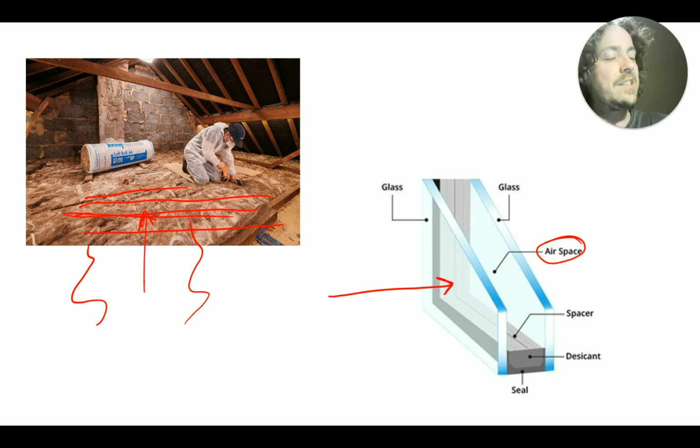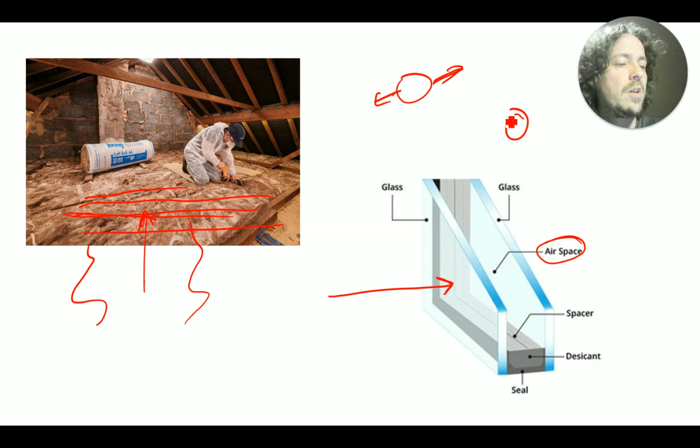And the air space, if you remember, we said air is such a poor conductor of heat. Air is such a terrible conductor of heat because, remember, the particles are so far apart, and if one air particle vibrates, it's not likely to bump into the other one. So heat energy is not effectively transferred by conduction. It's not effectively transferred by convection because this little pocket of air is trapped between the two panes of glass.